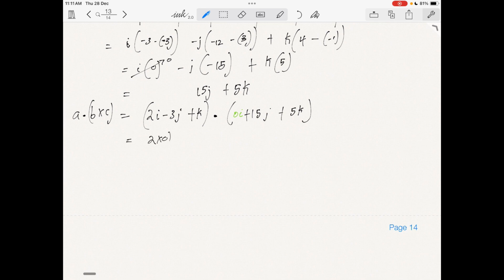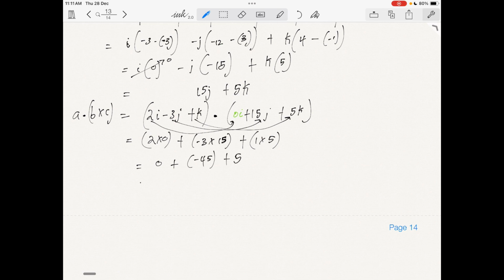Now we are taking the individual components, multiplying them together and summing them, plus minus 3 multiplied by 15 plus 1 multiplied by 5. So this gives us 0 plus 3 multiplied by 15 is 45, that's plus minus 45 and plus 5. So our answer will be minus 45 plus 5, which will give us minus 40.